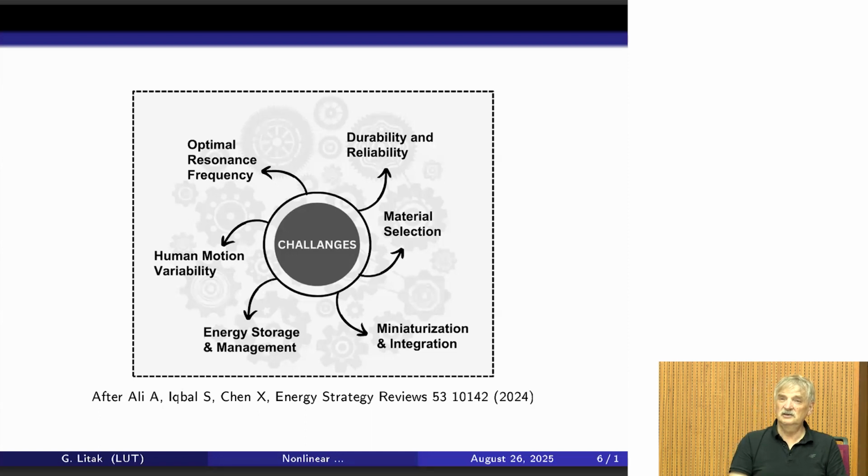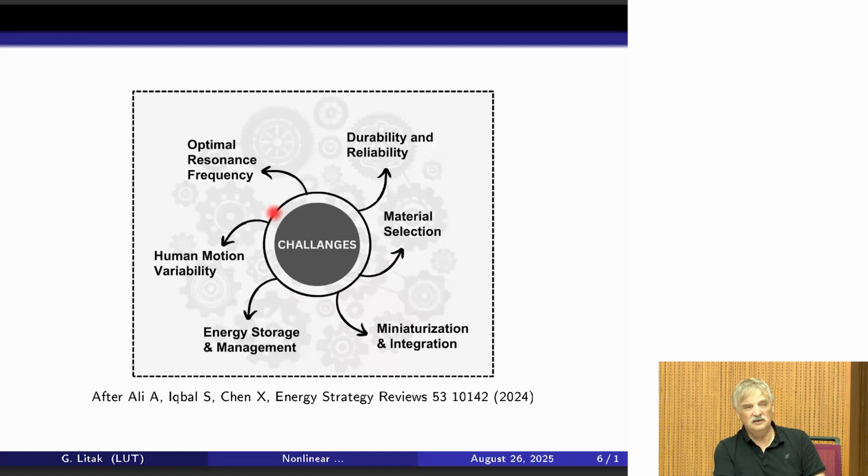But today I would speak about the frequency. The frequency is also one of the challenges, with optimal resonance frequency. With the nonlinear system, sometimes we say that we can work off resonance, but this is only half true, because in nonlinear systems we have more solutions.